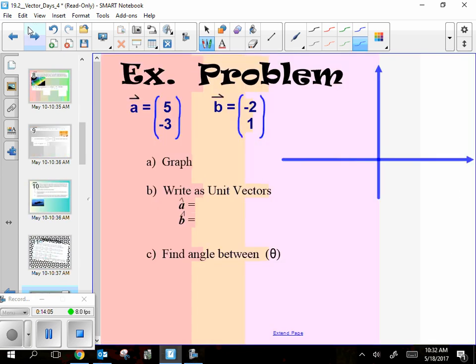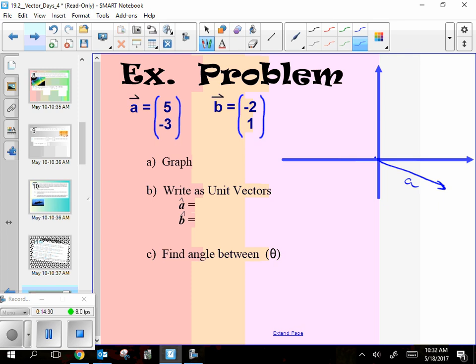And here is kind of the big picture of what we are trying to solve. If I have this vector 5, negative 3, do you get that generally would look like that arrow right there? Does that seem like 5, negative 3 to you? About? All right. So I'm going to call that vector a.